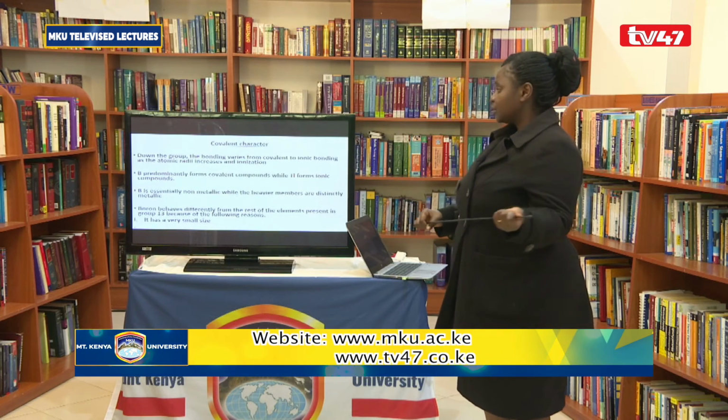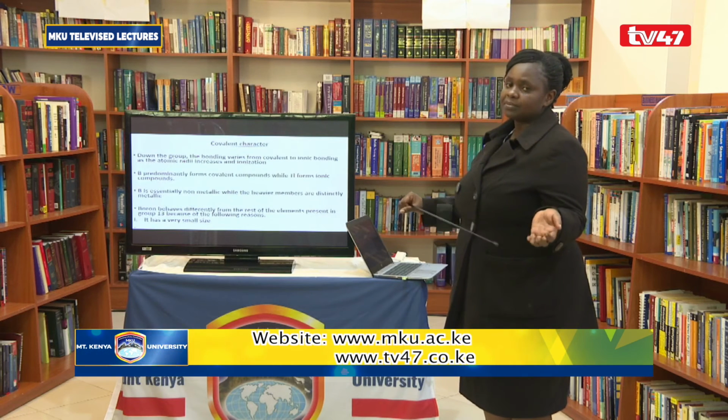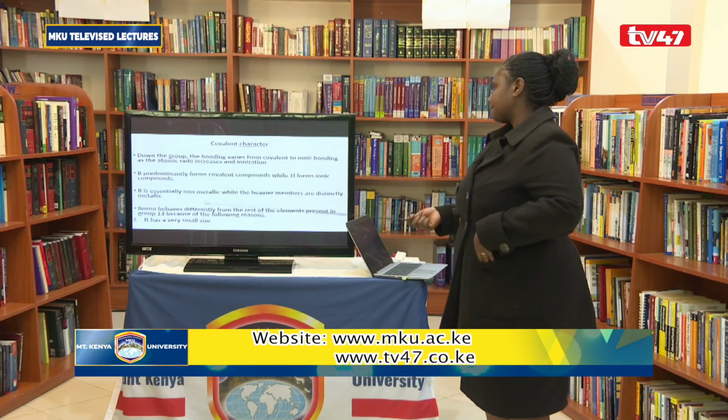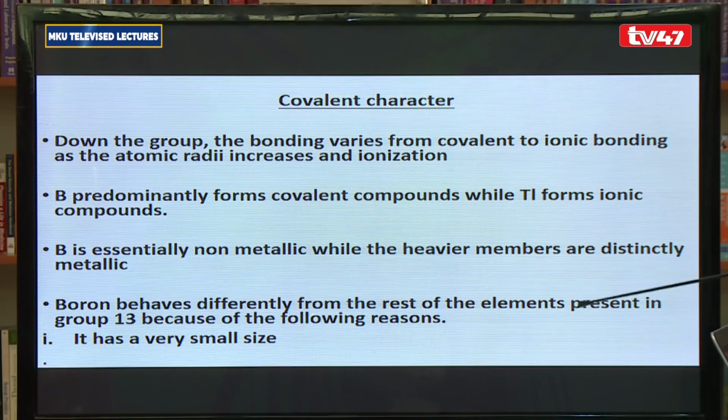But boron, when you react it with acids, forms boric acid. So it's very much non-metallic, while the heavier members are distinctly metallic.